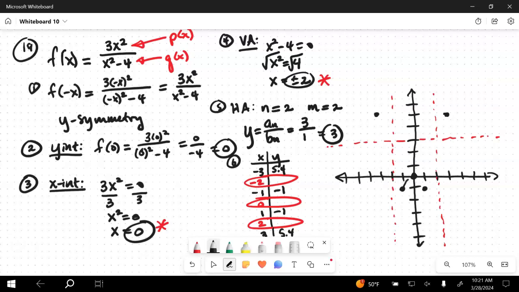This part's going to be easy, so I'm going to go ahead and draw that in. I know that it's going to continue down and out to the left toward the asymptote and follow. Same thing to the right. Now, these single points that are in the area by themselves are going to be an ear. As it goes up, it's going to approach the asymptote. If it goes to the left, eventually it's going to follow the asymptote. And same thing with the other one.